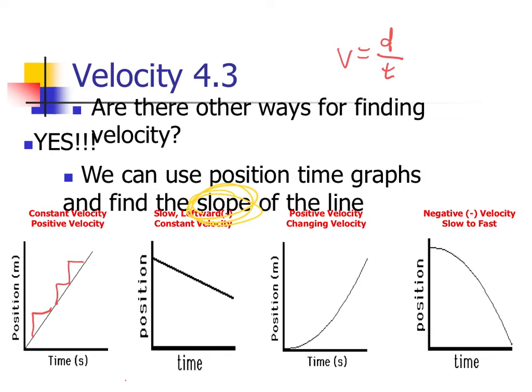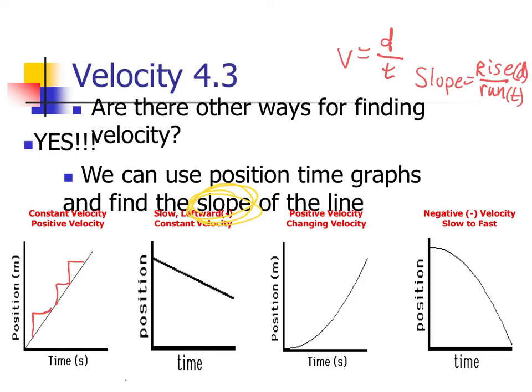Well, the slope of this line is rise over run. The rise ends up being the displacement. The run ends up being the time. Because the slope does not change, the velocity does not change.